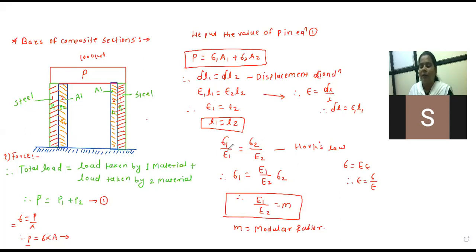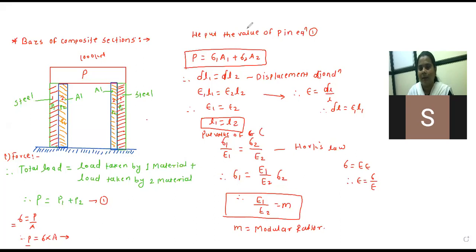After that, we put values for this strain. The value of strain is stress upon Young's modulus. So stress upon Young's modulus for material 1 is equal to stress upon Young's modulus for material 2. Here put the value of epsilon.